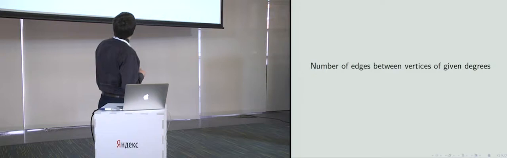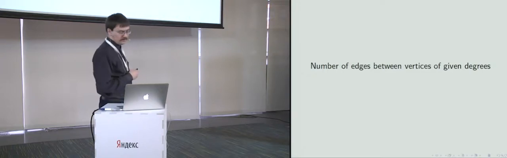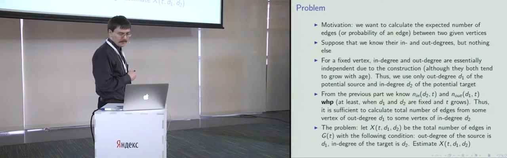Okay, now the second problem is to estimate the number of edges between vertices of two given degrees. The motivation: we want to calculate the expected number of edges between two given vertices. But we do not know much about these vertices. We know only the in and out degrees.